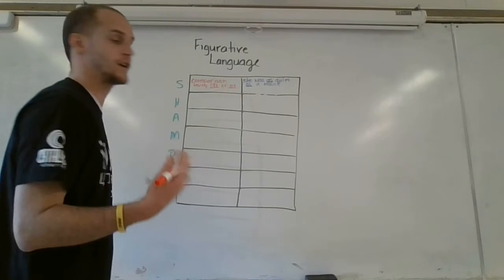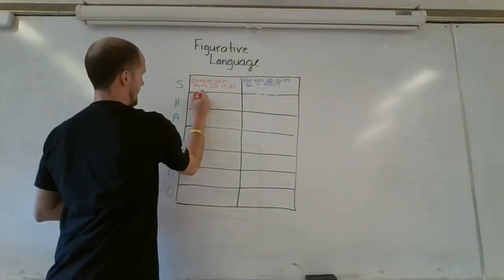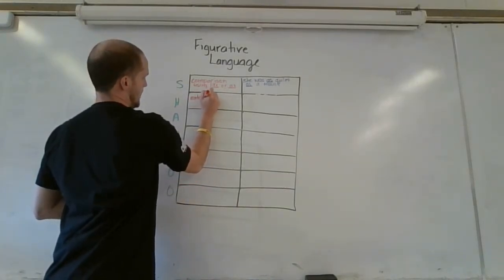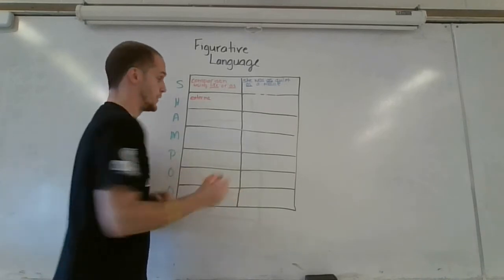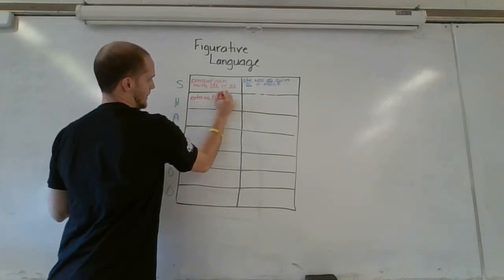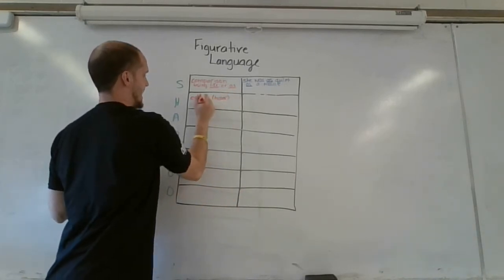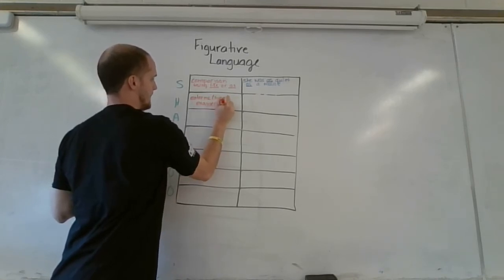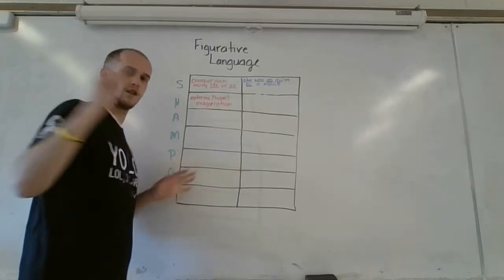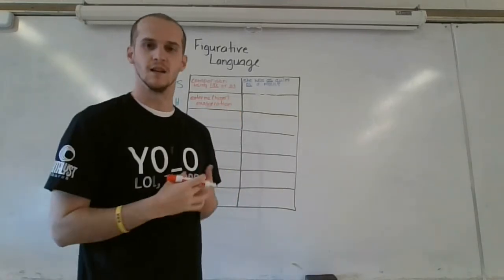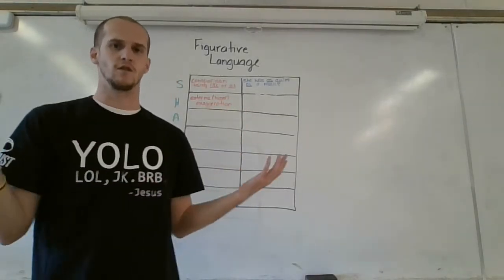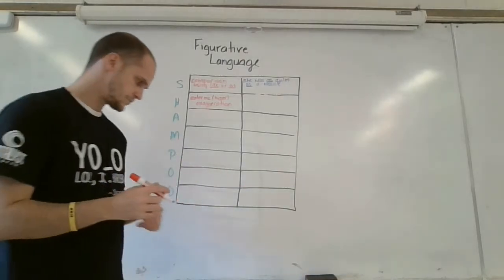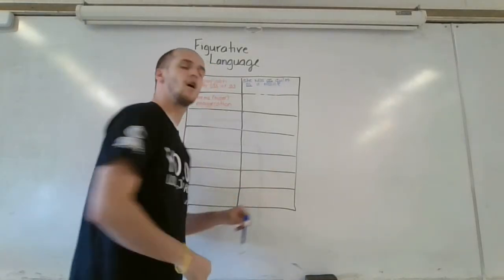The next one, the H, hyperbole. This is an extreme, or if it helps you remember, hyper, or big, exaggeration. It's an extreme or a hyper exaggeration to make a larger effect, to draw greater attention.